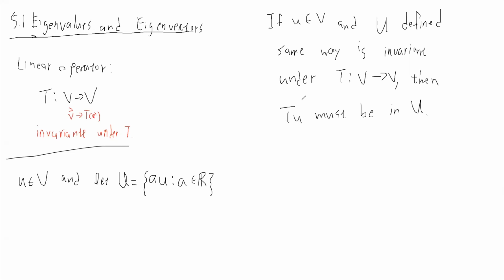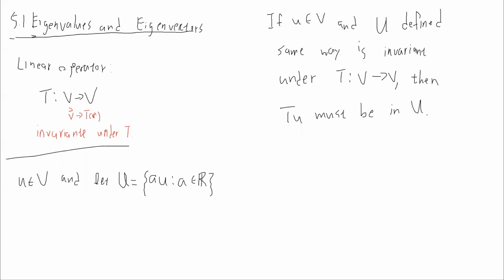Taking this linear map, our result must be in a one-dimensional subspace of V. And we saw earlier that any one-dimensional subspace of V has to be of this form, just some scalar multiple of u.